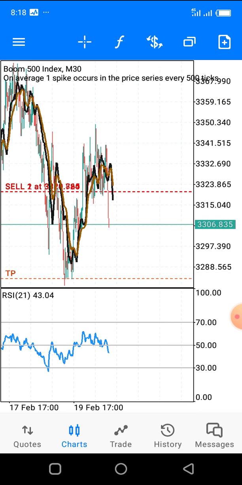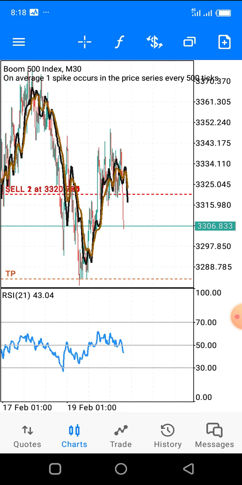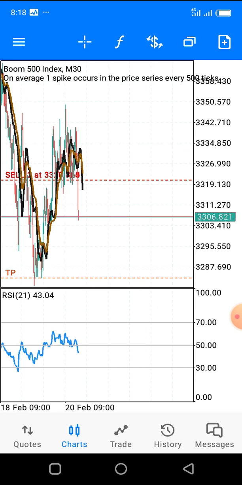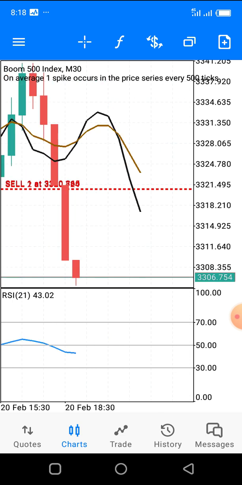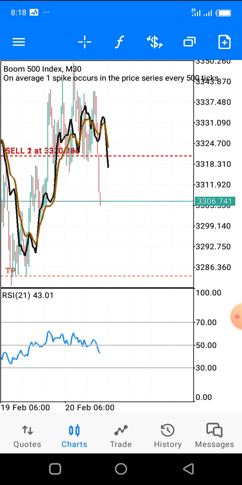So I have nothing to worry about this trade. In some minutes, it will definitely fall and eat my take profit. Now, this signal, this strategy is very reliable. It is 100% reliable once you play by the rules.